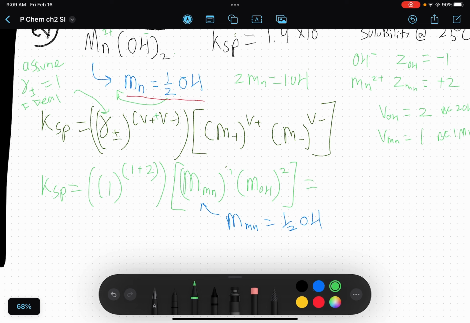So then that equals 1 to the power of 3, because 1 plus 2, times 1/2 mOH to the power of 1 times mOH to the power of 2, and that should give you, let me put it over here.